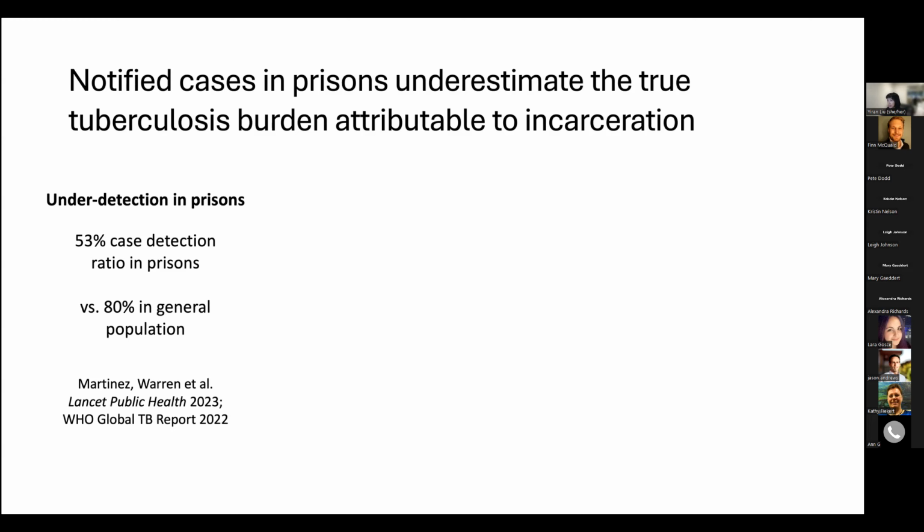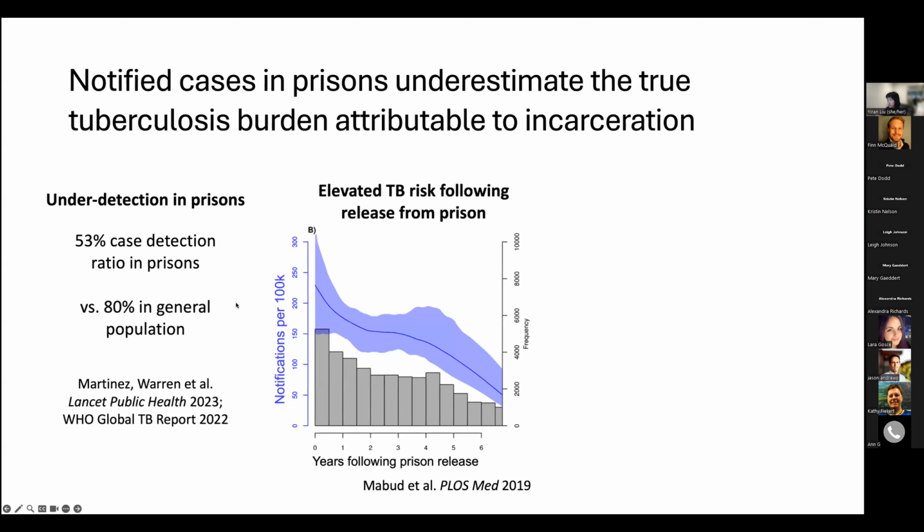Second, what's really important to note about incarceration is that unlike some other risk factors, for example HIV or diabetes, incarceration is a really dynamic risk factor. Most people who are in prison will be released within a couple of years. And yet the exposure to that high-risk setting during incarceration can embed a risk that persists even as individuals leave prison.